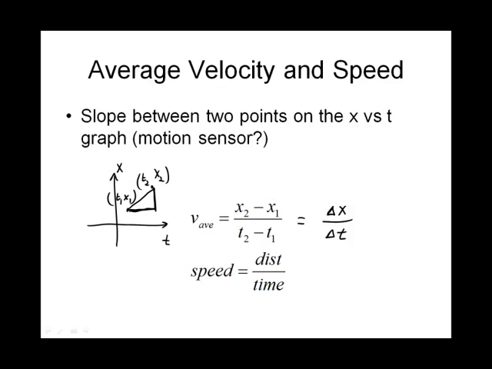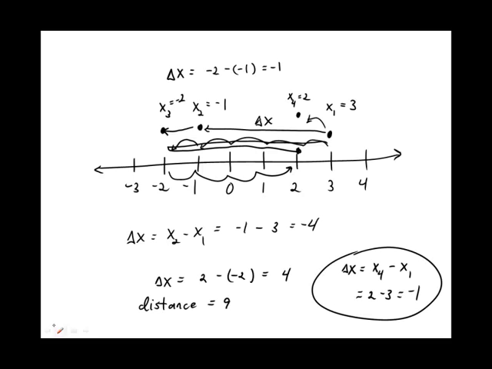Speed, in contrast to velocity, is distance over time. So if we go back to our previous example, my average velocity here was -1 over some time period. Let's call it 9 seconds just for the sake of argument. So -1 over 9.